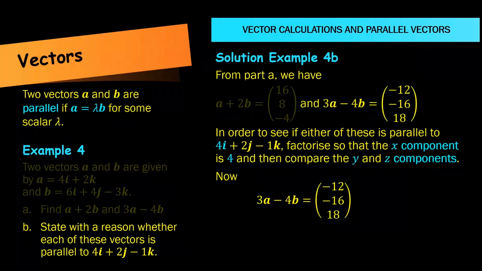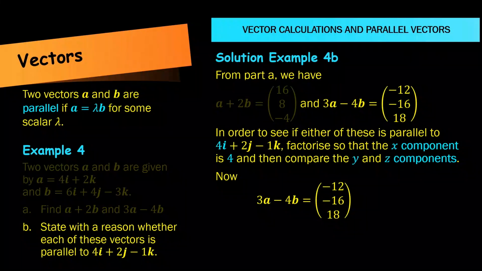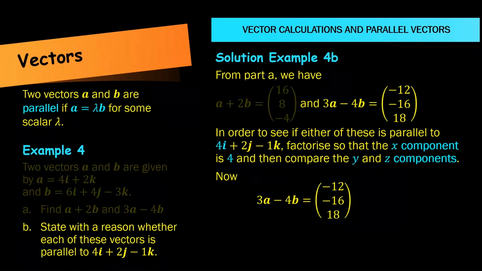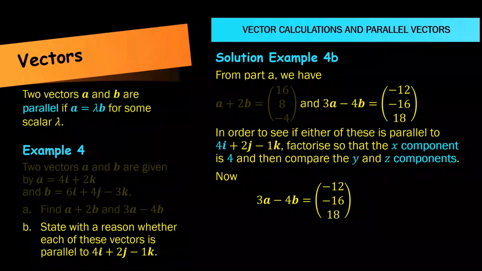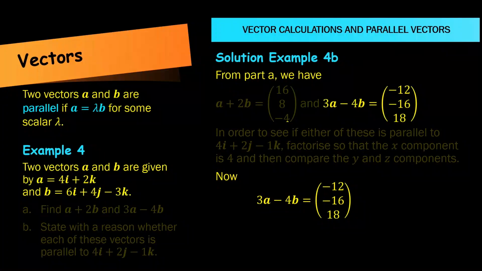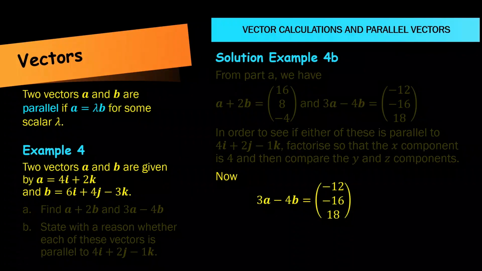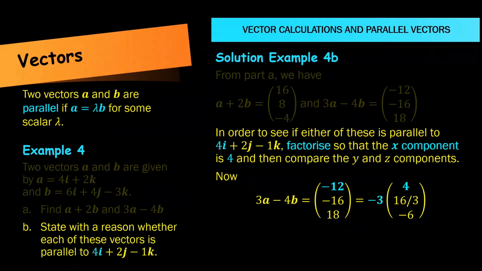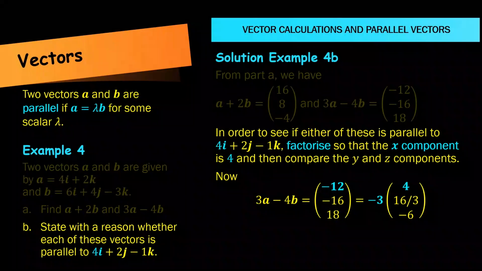Now let's do likewise for 3a - 4b. We're going to factorize in such a way that the x component is 4. So -12 equals -3 times 4, as shown here.